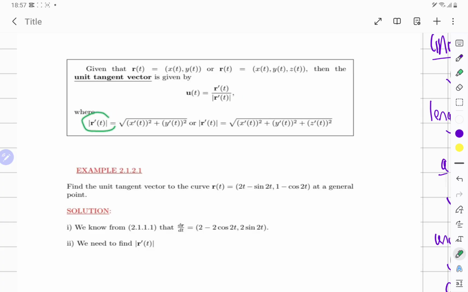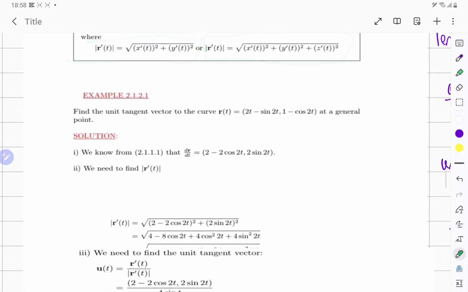And just to recall, when you do the magnitude of r prime, it is the derivative of the x component squared plus the derivative of the y component squared, rooted, and then the same in 3D. The magnitude is very important for the next video when we do arc length, for the third video when we do curvature, and then torsion. So this is extremely important for what is coming.